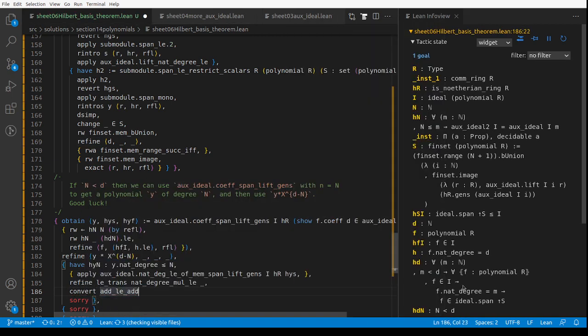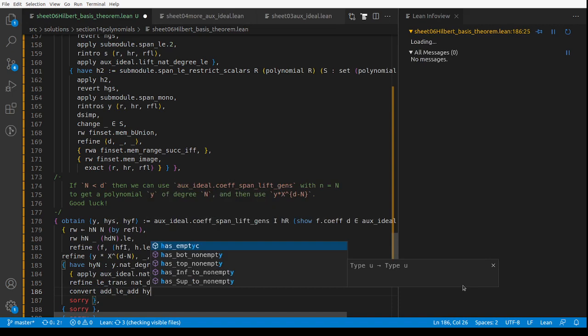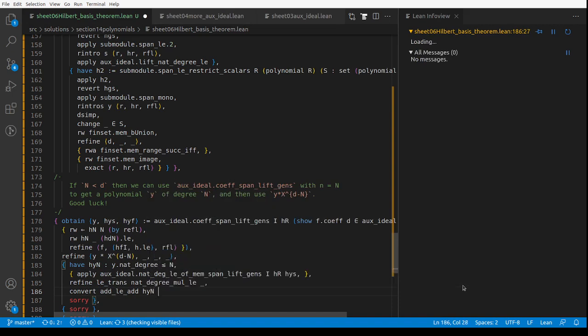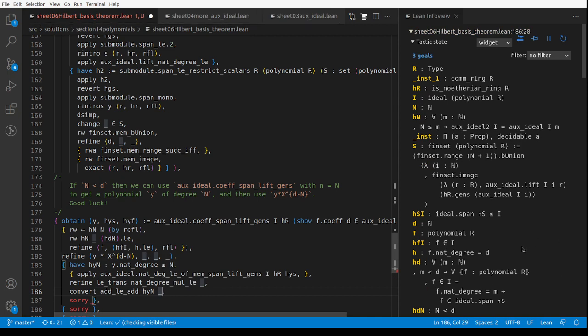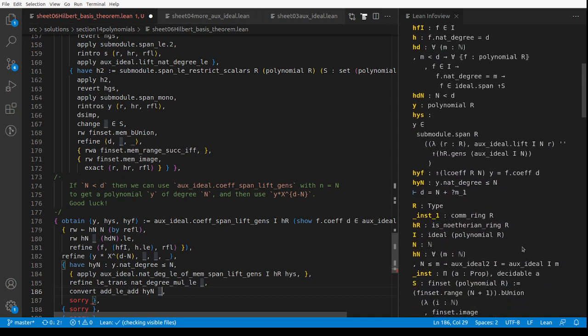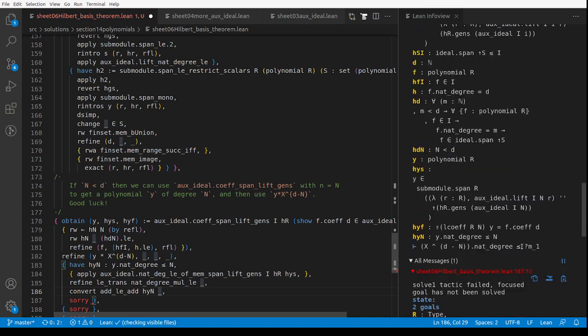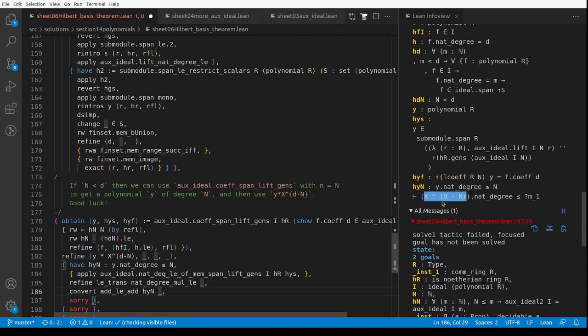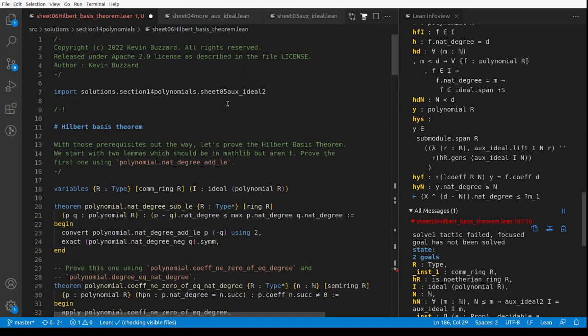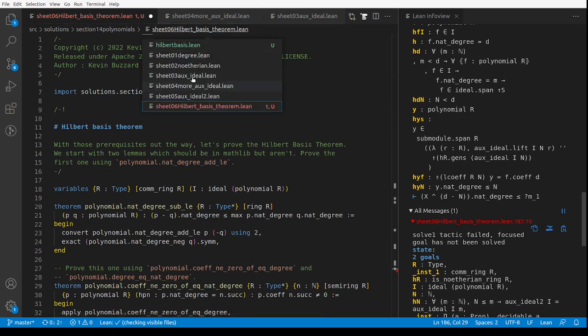Convert add_le_add hyn, and then I'm going to give it an underscore, unless we can guess what it is. I've got to prove this, will be called natDegree_X_pow_le. Oh, is this one of the things I proved? Did I prove this in sheet 5 or something? Did I do this?